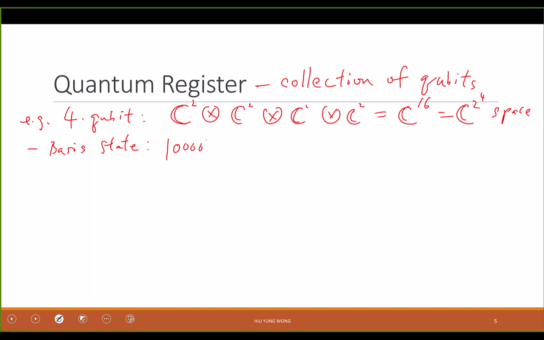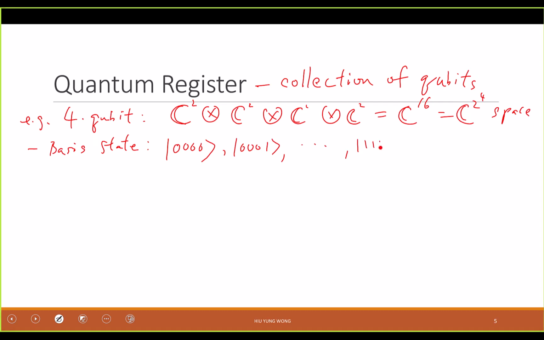0, 0, 0, 0. 0, 0, 0, 1. 0, 0, 1, 0. All the way to 1, 1, 1, 1. So particularly, I would like you to recognize that this one is 0 tensor product 0 tensor product 0 tensor product 0. You can treat it as the tensor product of the basis states of each individual qubit, and then it becomes the basis states of this larger space.